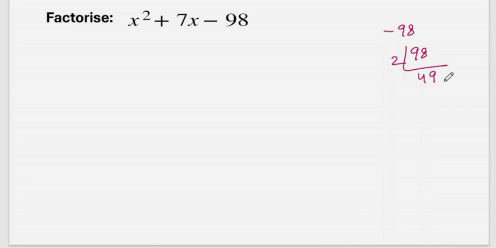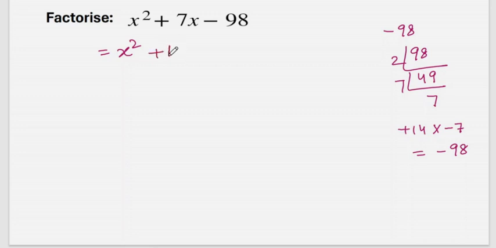49. Then again you will see it will be 7 and 7 times. So you will look at this, that if plus 14 into minus 7, it will give the product as minus 98. So I can write this expression as x square plus 14x minus 7x minus 98.